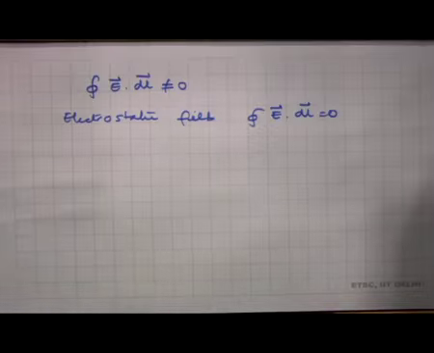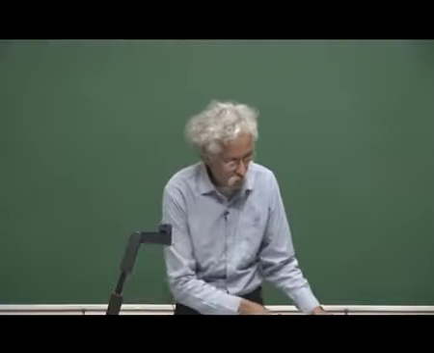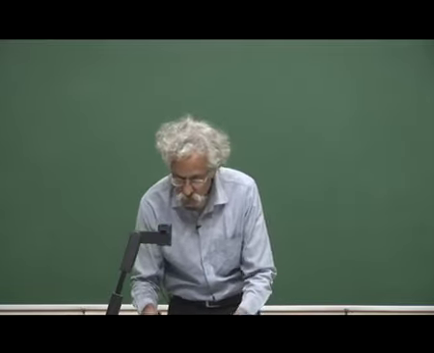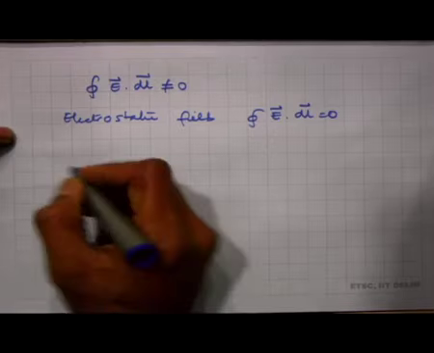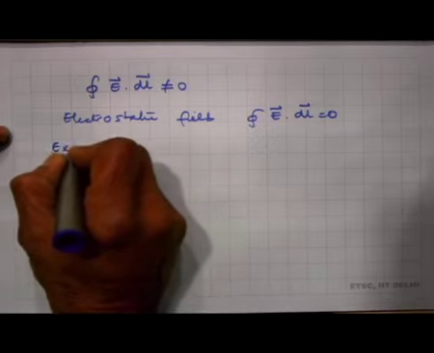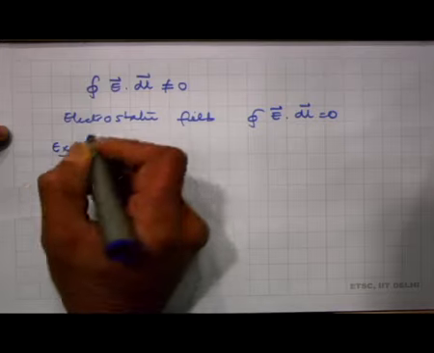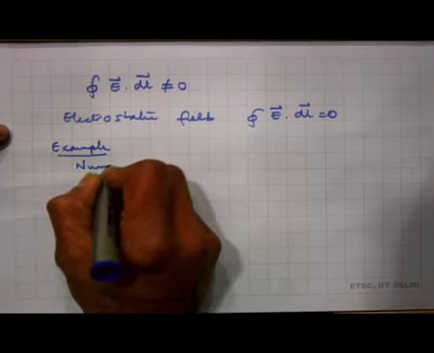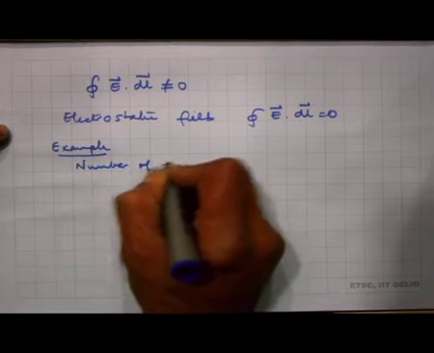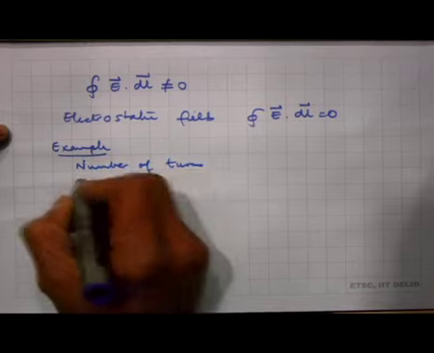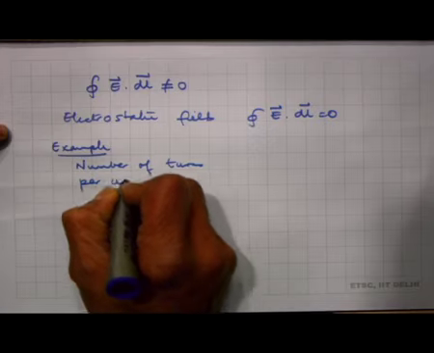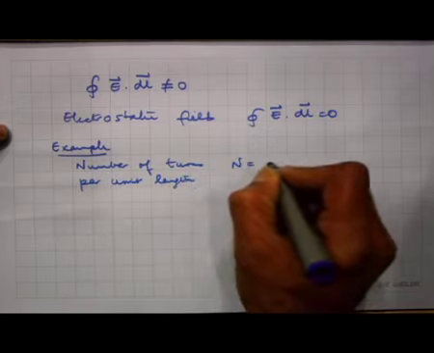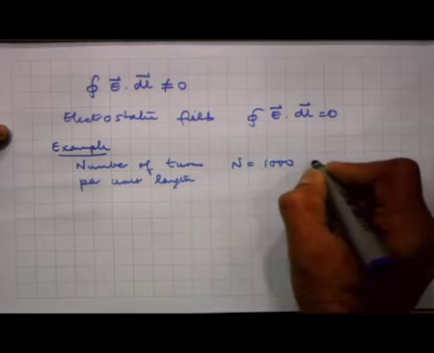So, let me calculate some value here. For this example, small r is the radius of the solenoid. So, let me assume as an example the number of turns per unit length n is equal to 1000 per meter.